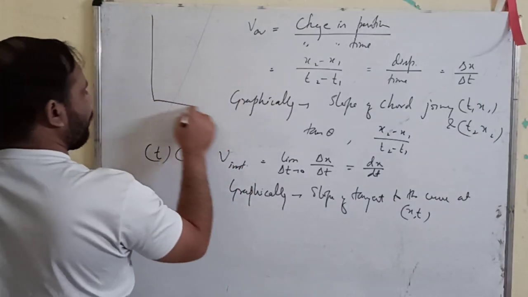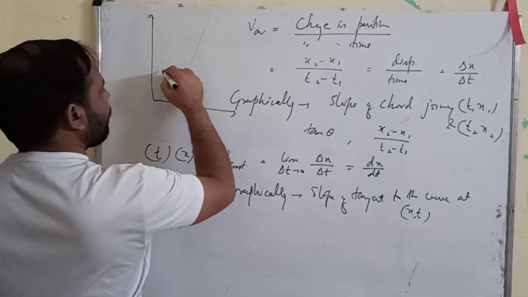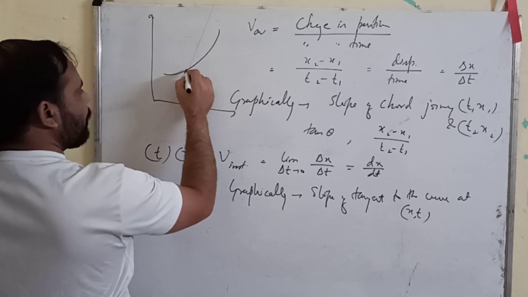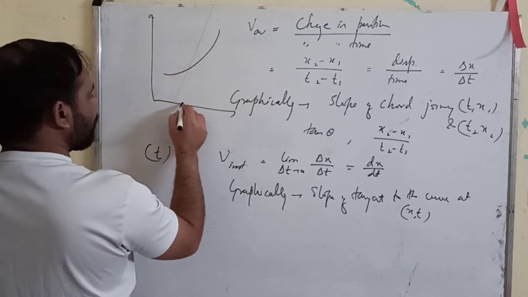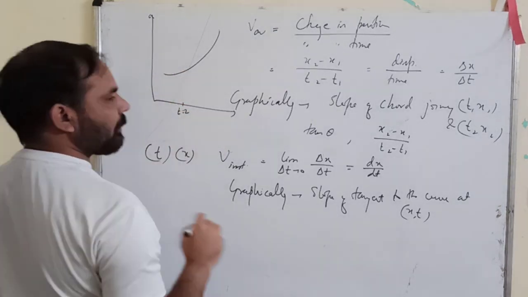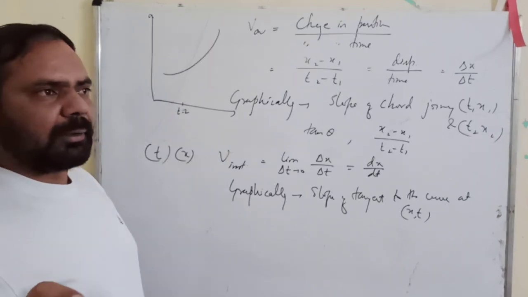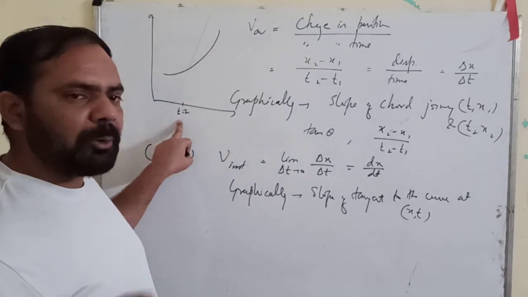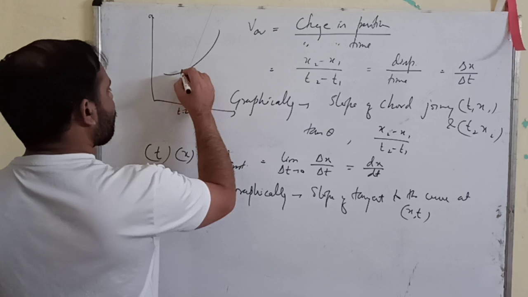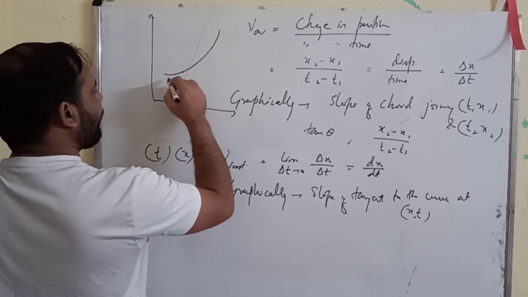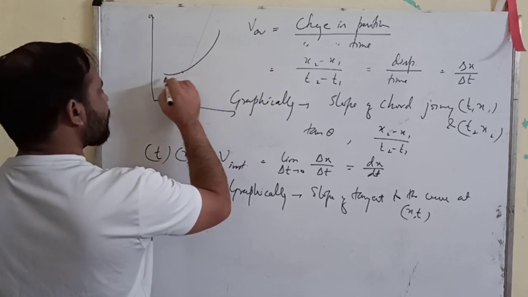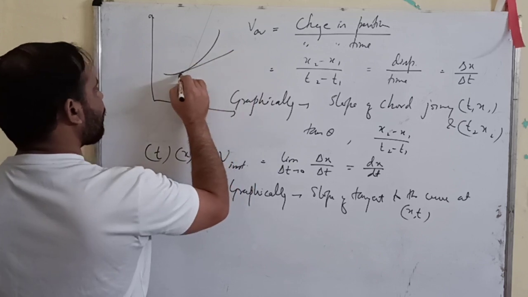Suppose this is your graph like this, and this is t equals 2. Suppose I ask you to find the instantaneous velocity at time 2 seconds. At t equals 2, you will mark the point and draw a tangent to the curve like this.